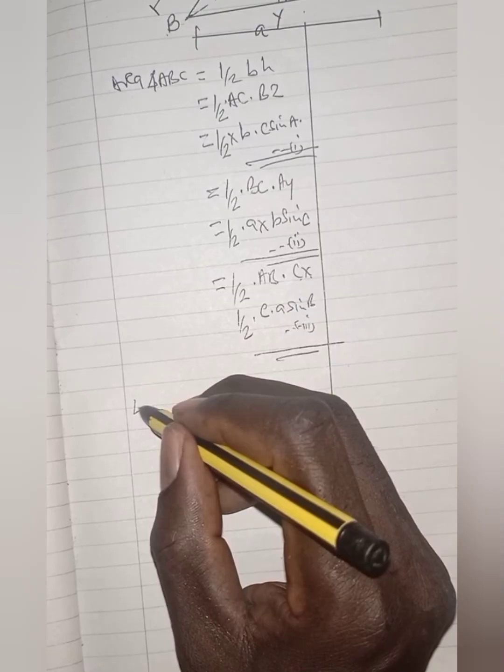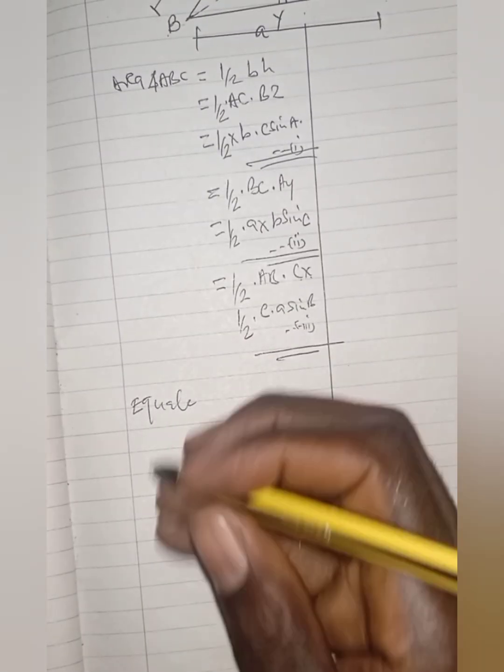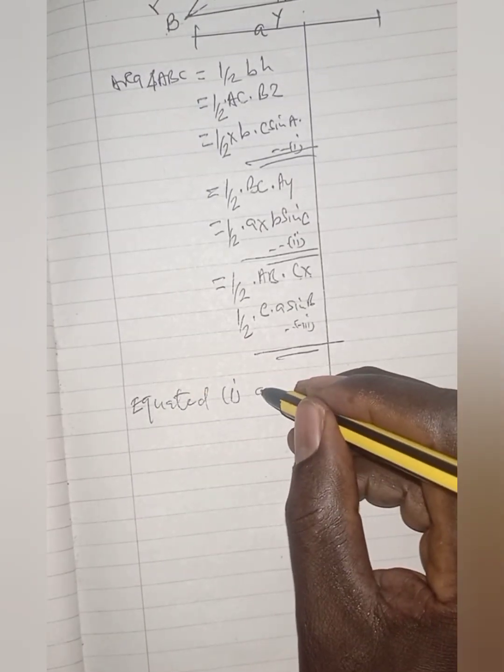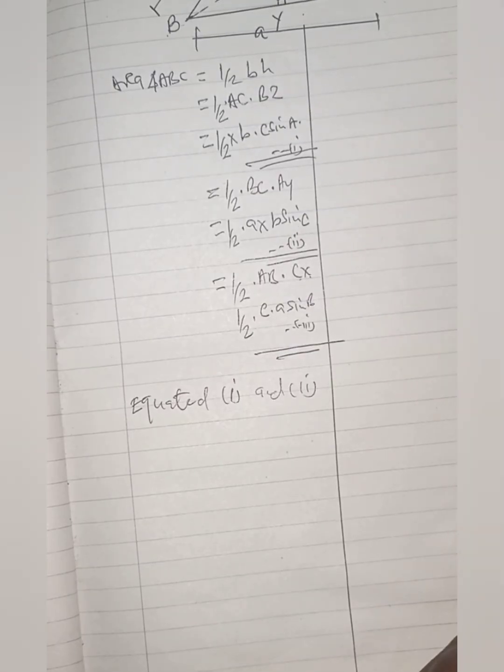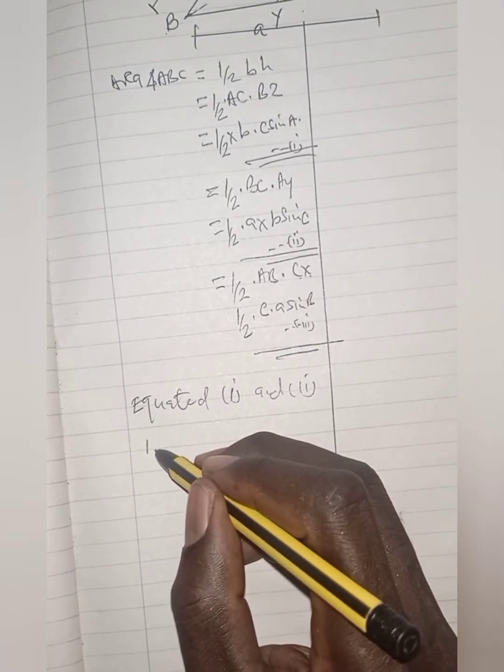Now, suppose we equated 1 and 2. We equate them so that we have a half.